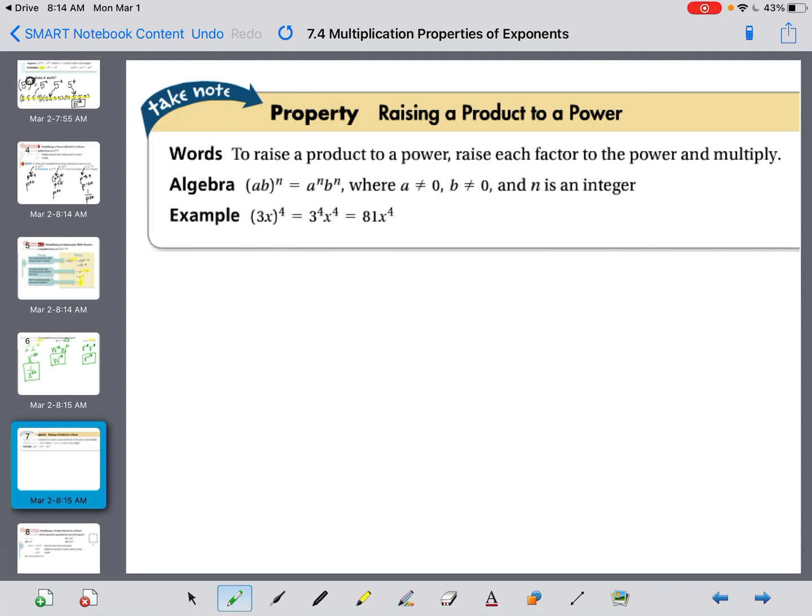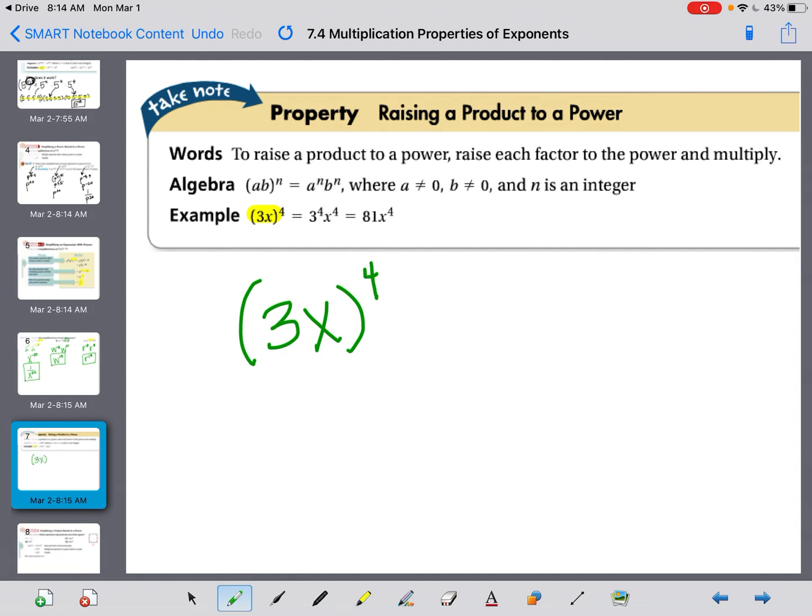Raising a product to a power. This time I don't just have a letter on the inside. I have a number and a letter, a coefficient and a variable, all raised to an exponent. I know that exponent goes with both of them because they are in parentheses. That means I need to share that exponent with everything on the inside.